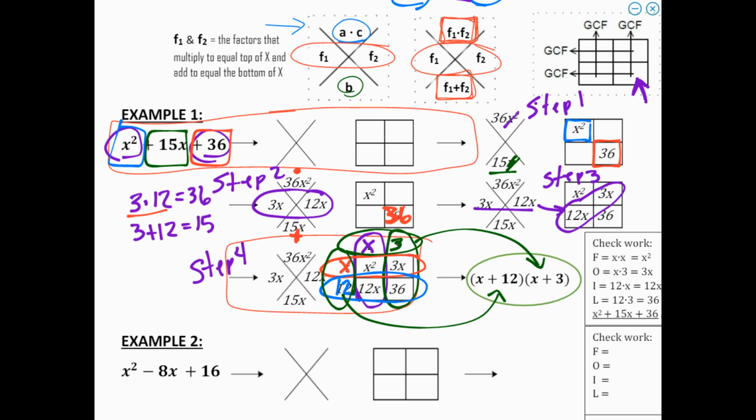If I were starting out with this and trying to get up here to what I started with on this problem, then in my box method, I would take x plus 12 and write it down one side, and x plus 3 and write it on the other side. So it needs to be finished in factored form here, in parentheses. This over here is not finished. This is just the work. The finished answer is in the factored form with the parentheses.